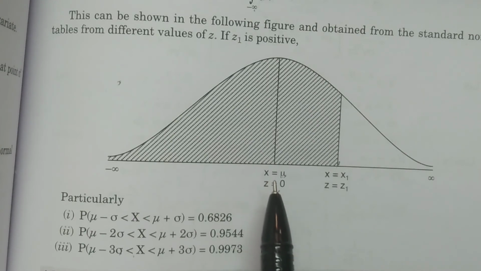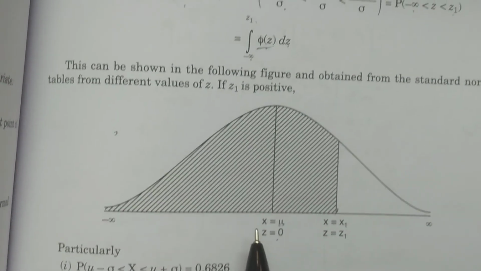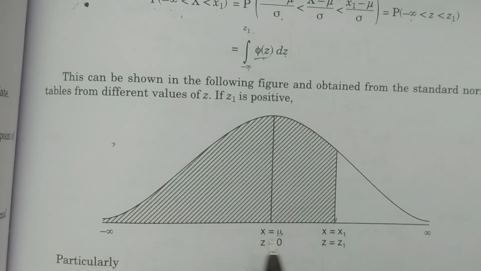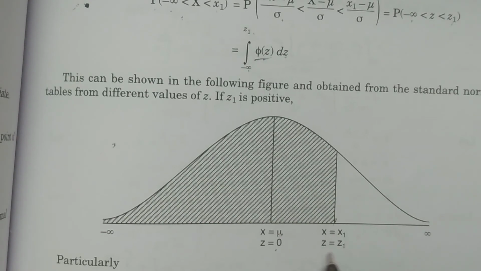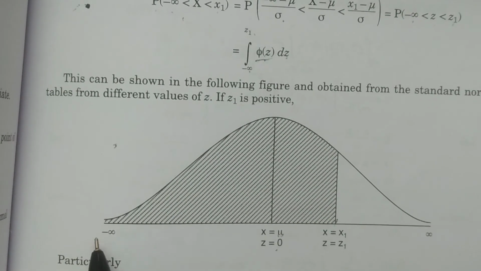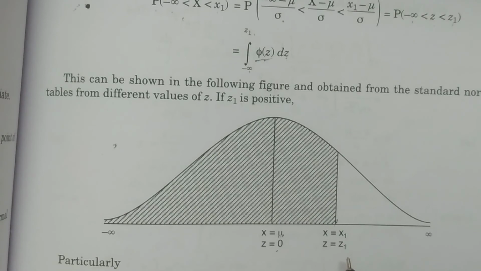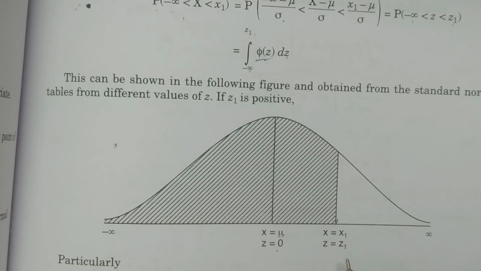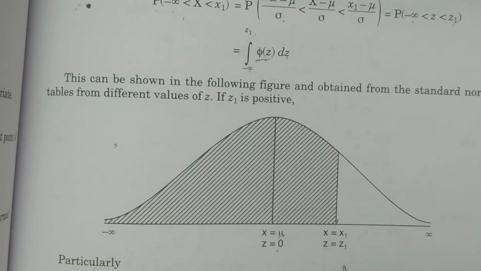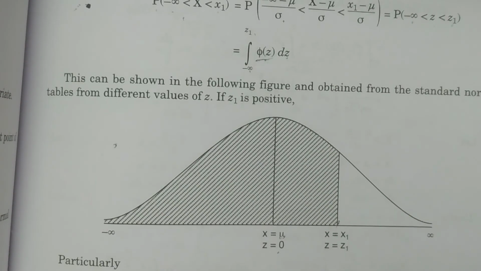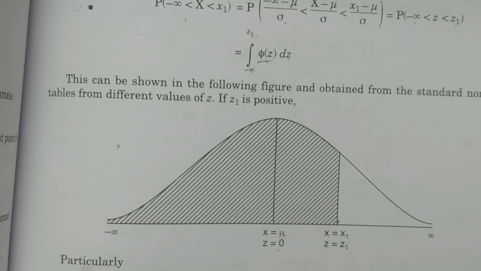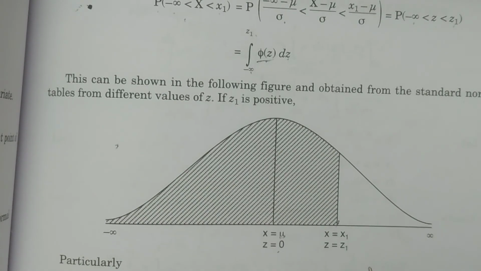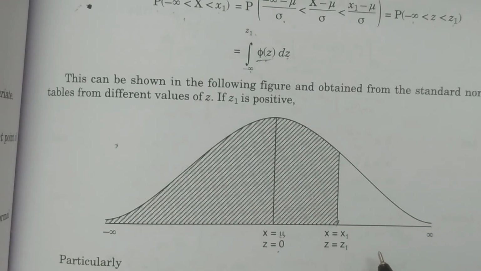This is one of the very important, crucial properties. For different values of z1, the probability from minus infinity to z1 is calculated and tabulated in the tables. For values of a particular variable x, x is going to be converted in terms of z.